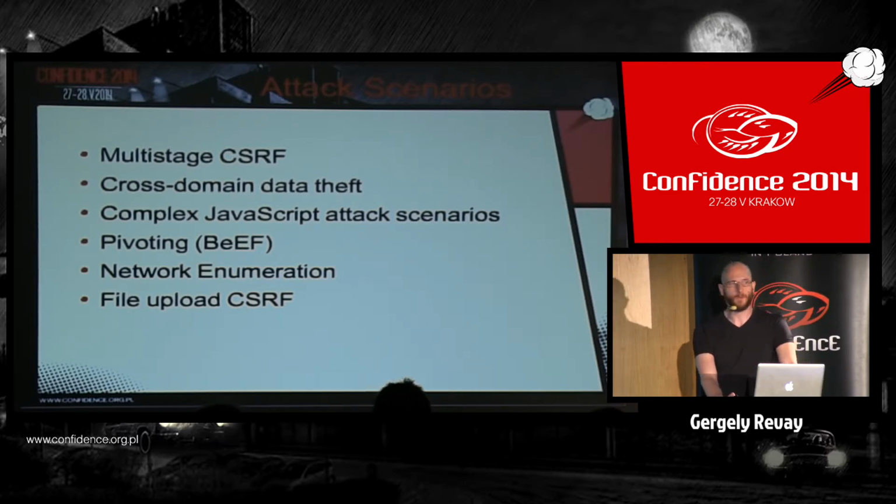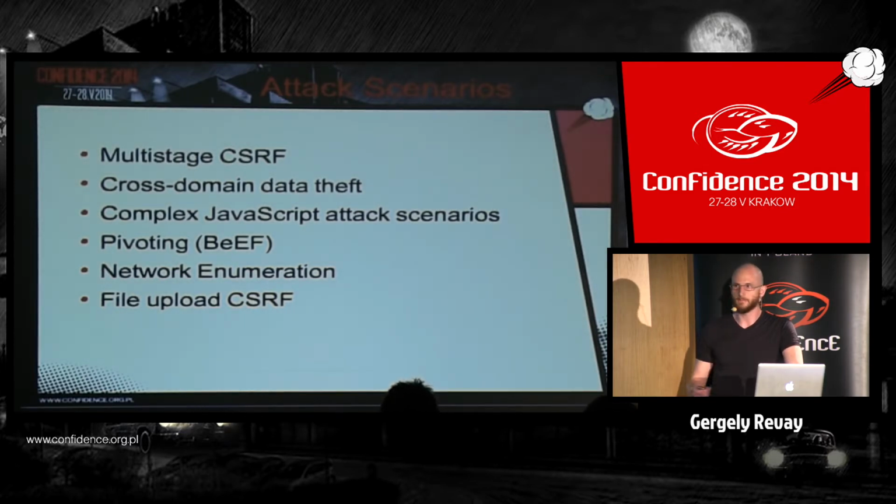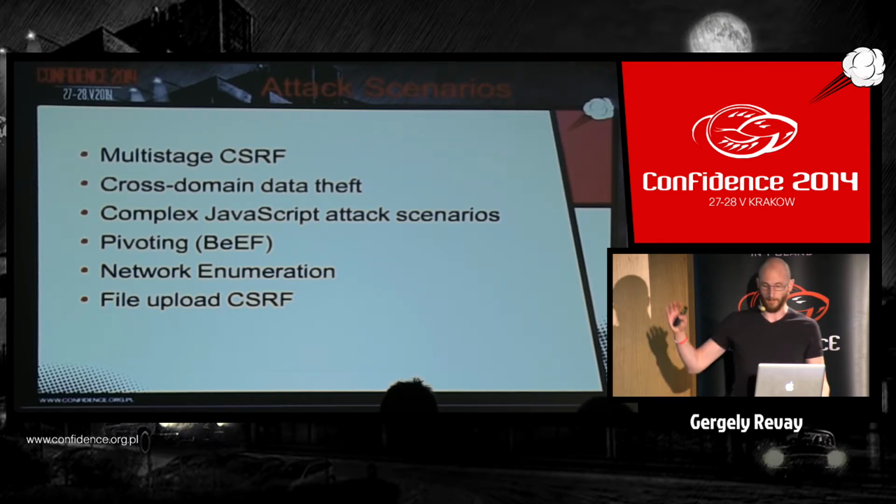So when BeEF compromises another machine, it uses CORS, so JavaScript requests, to talk with this compromised service, with its own shell on the other machine.